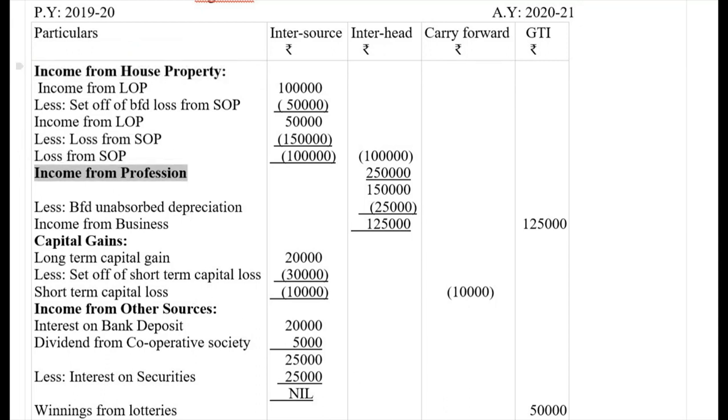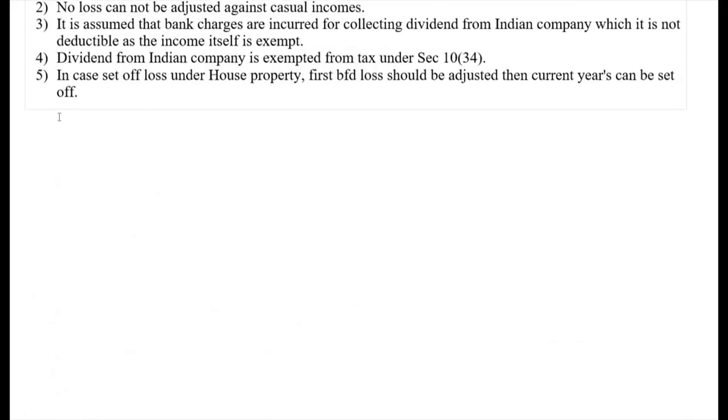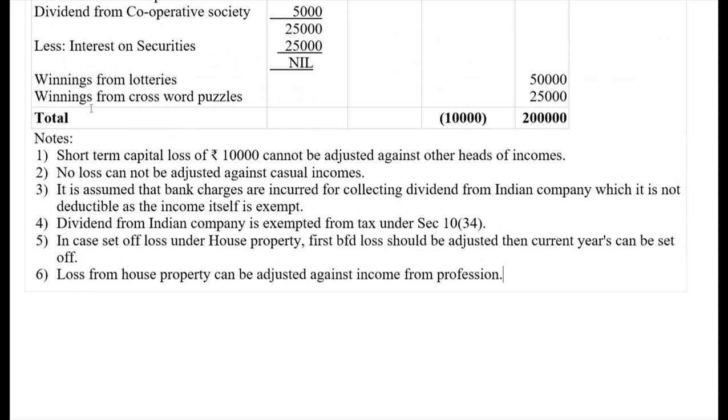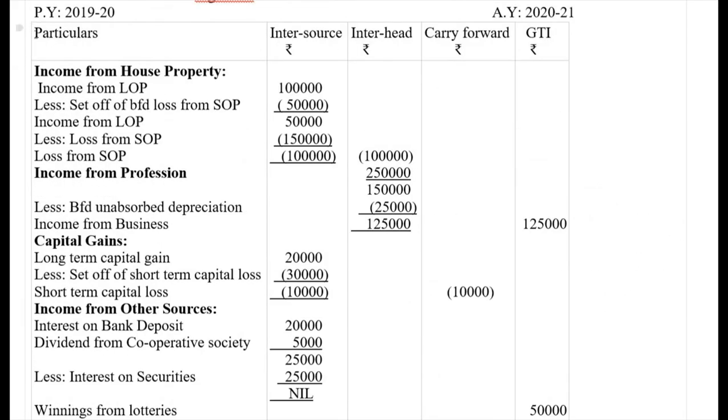One more note let me give here: loss from house property can be adjusted against income from profession as it is the current year's loss. So this can be adjusted here.